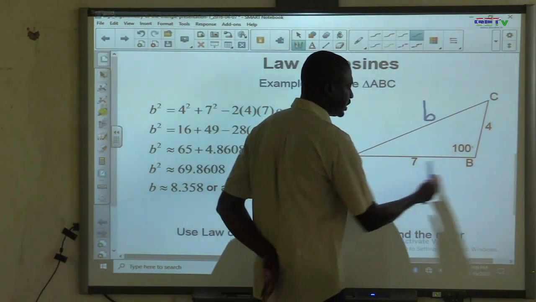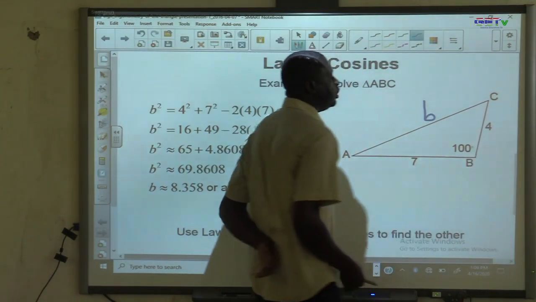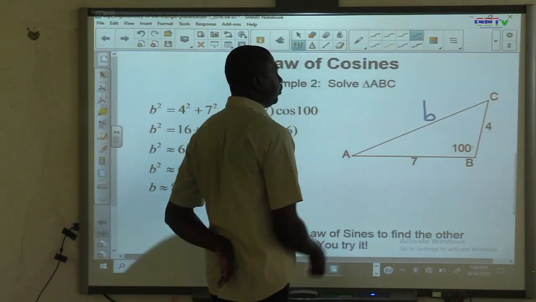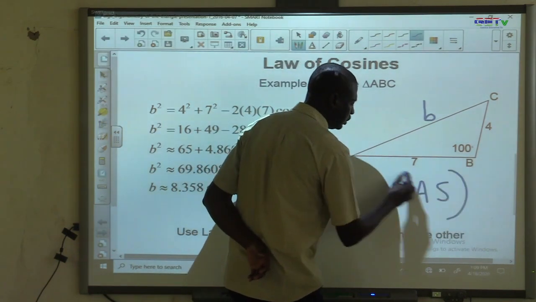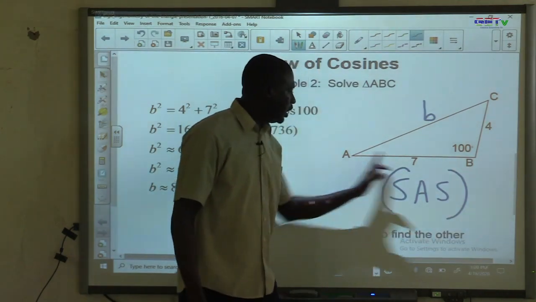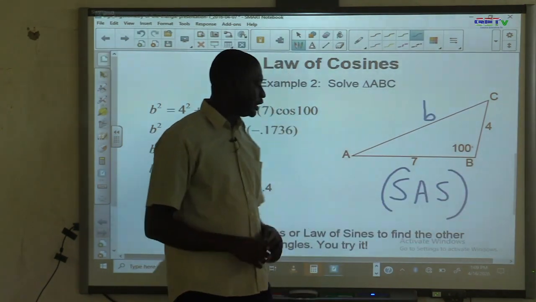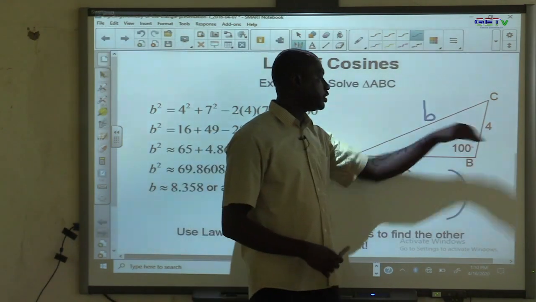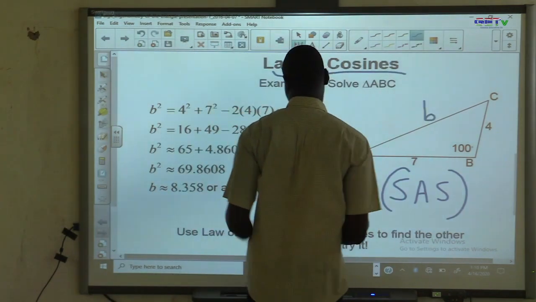That is, AB is given as 7 centimeters, and BC is 4. So if you look at this triangle, we have a side, angle, side. We have side AB, which is 7, an included angle of 100 degrees, and we have another side BC, which is 4. So we can apply the law of cosine on this triangle.